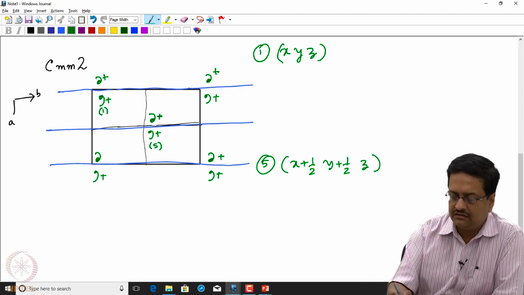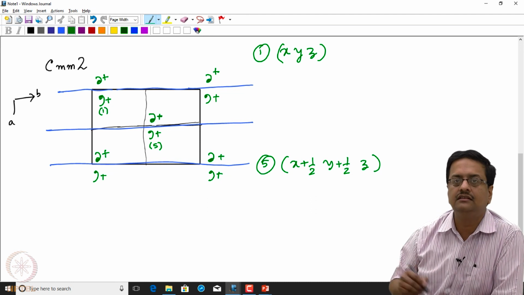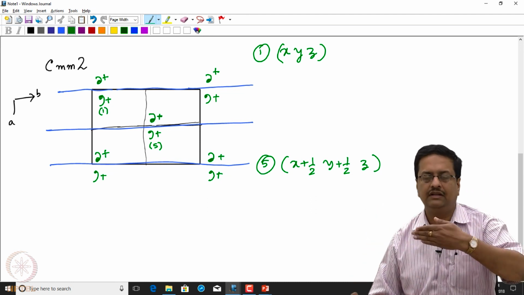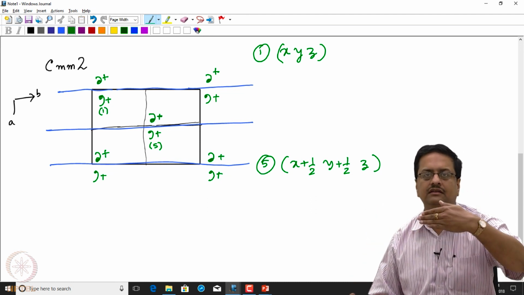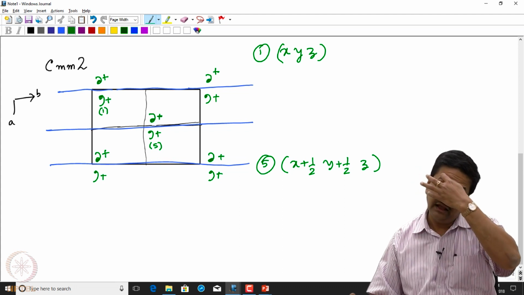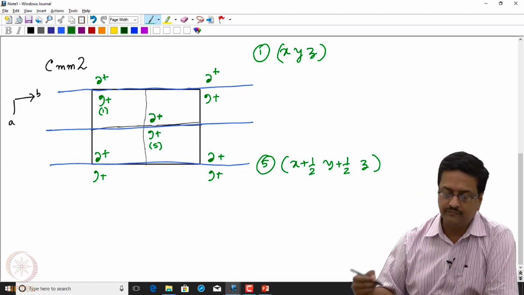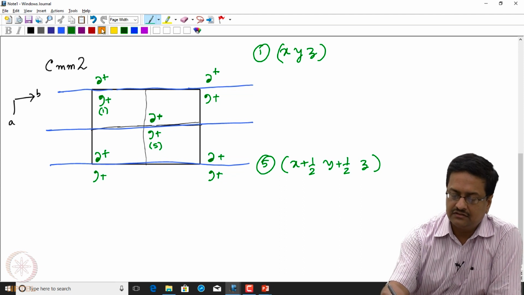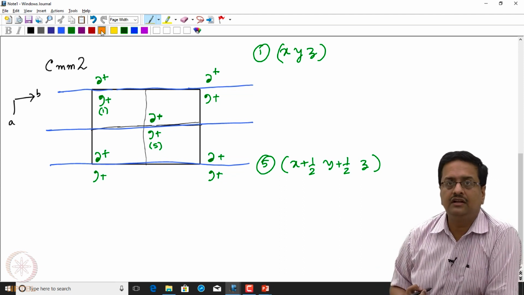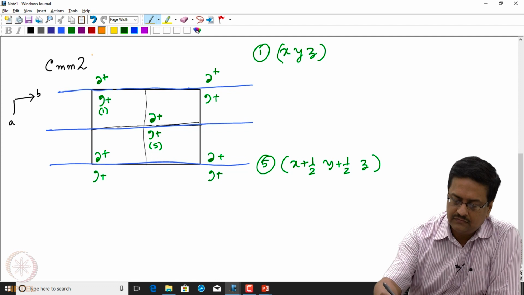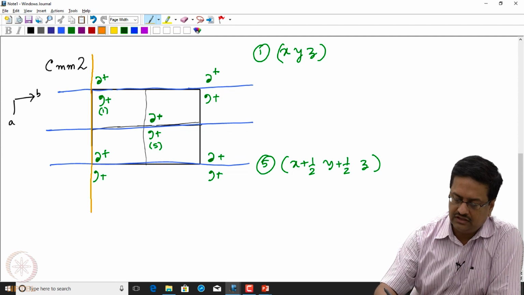On applying a mirror, it does not change the side. The points above the plane still remain above the plane, and that is why we put a plus sign. Now the second mirror, which is perpendicular to y, is going like that.